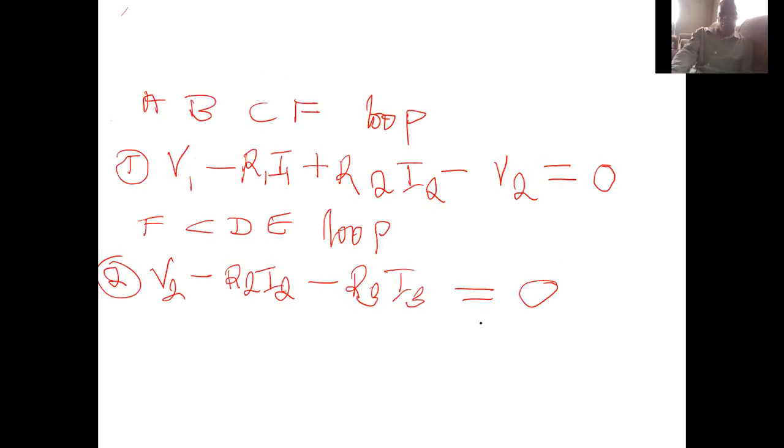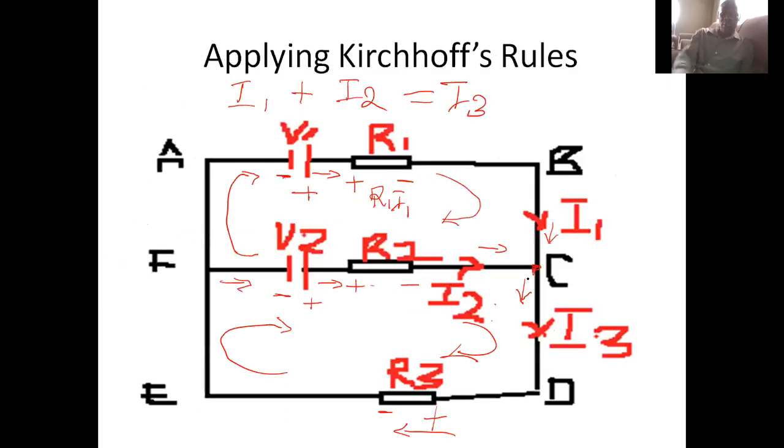That's how we found V2 on loop number 1 to be negative. It's because when we were moving in that direction, and the current was moving in that direction, which is opposite, and therefore that's why here it is negative.